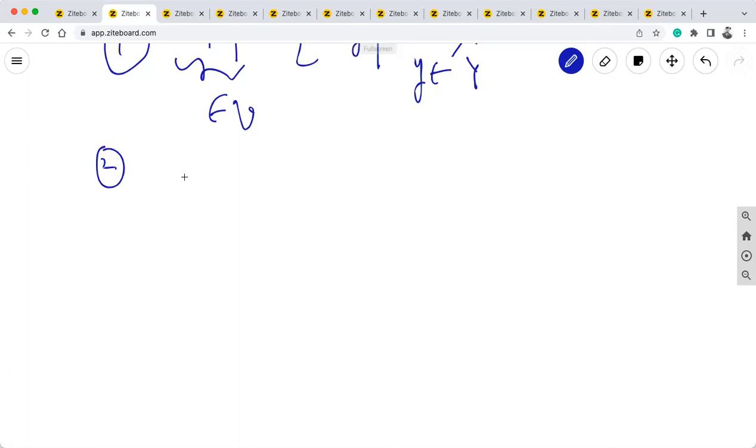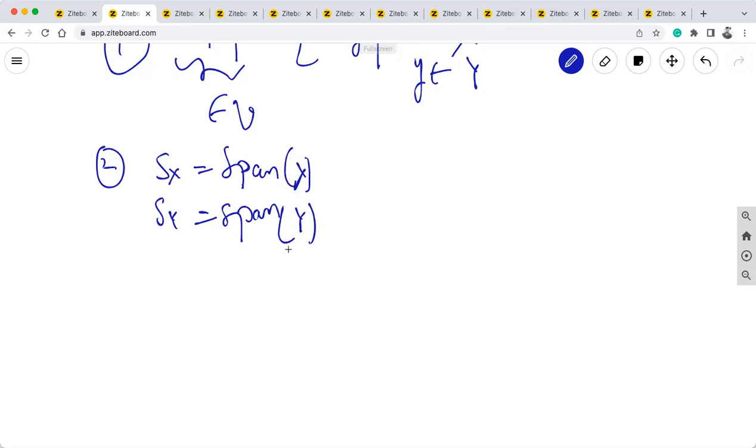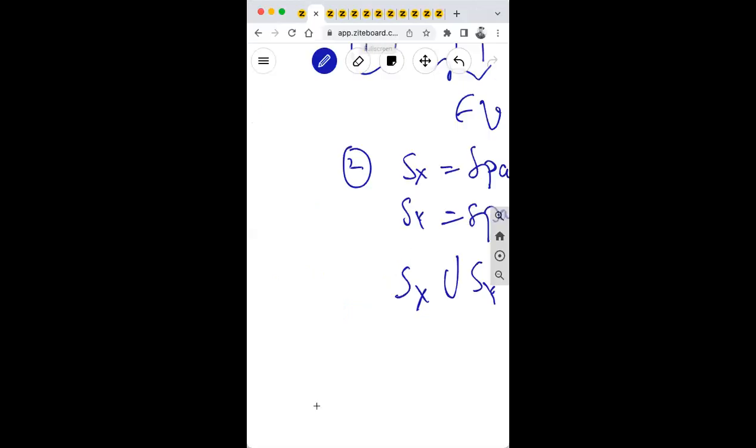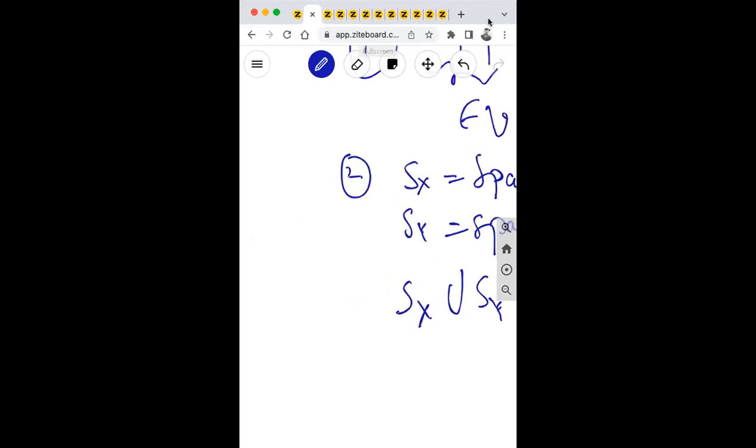The second part is, if Sx is the span of X and Sy is the span of Y, then the union of Sx and Sy should also span the set X plus Y. So these are very basic properties, and they are obvious.